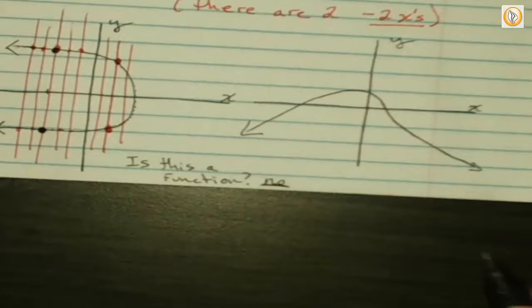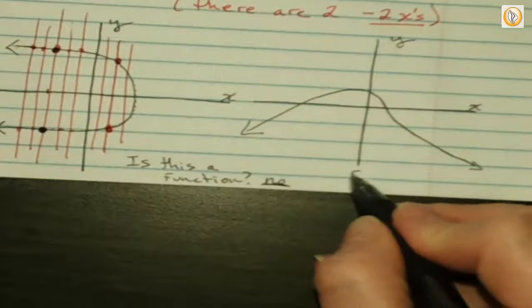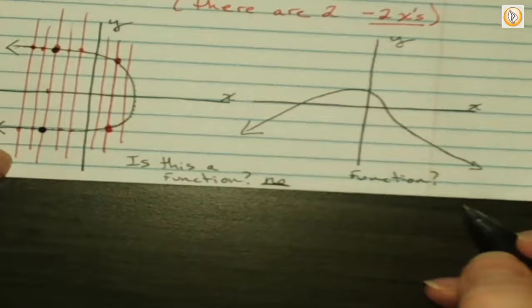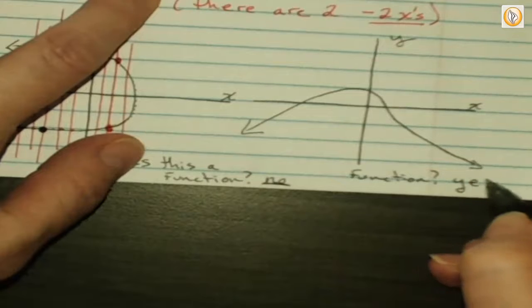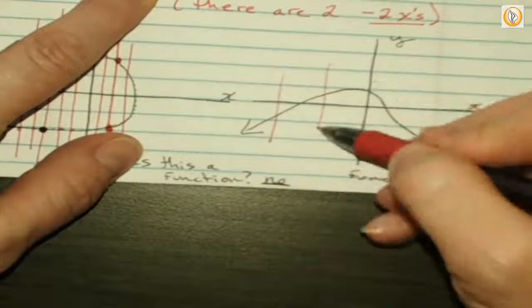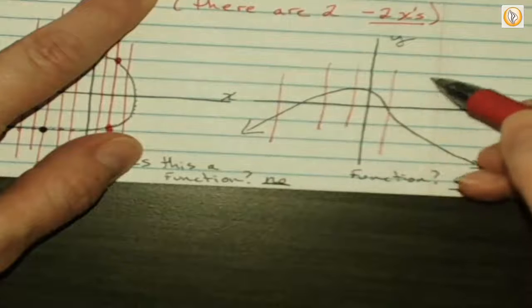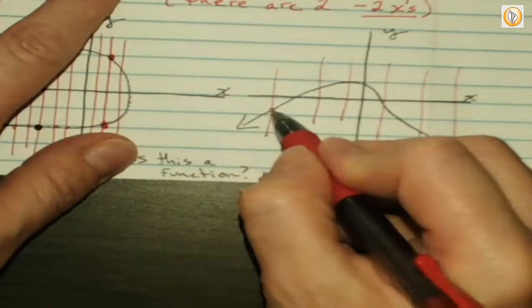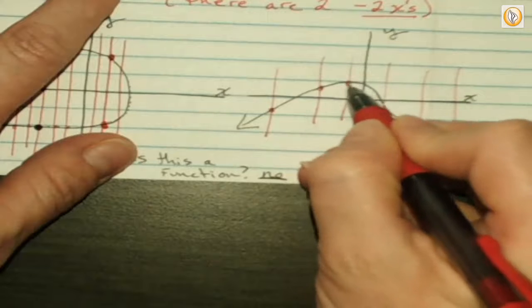Is this a function? Aiden? No. Why not? I mean, yes, this is, they are not crossing. Ah, it is a function. Because look, no matter where I draw my vertical line, is it crossing my graph in more than one place?